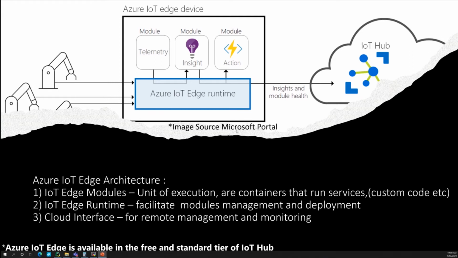One is the IoT Edge Hub, which acts as a proxy to the IoT Hub in the cloud. It allows you to perform device authentication at the edge and to ingest data from the sensors at the edge.